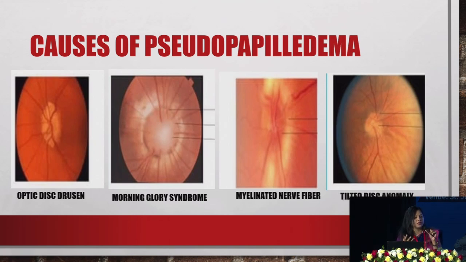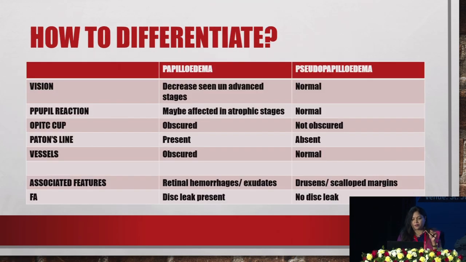So before you venture to put it down as a true optic disc edema, you need to know the causes of pseudopapilledema. So how do you differentiate? As I told you, the vision usually is not affected in papilledema, even in the advanced stages. Later stages are affected. Otherwise, vision is equal on both sides, in both papilledema and pseudo. Pupillary reactions also are not usually affected.